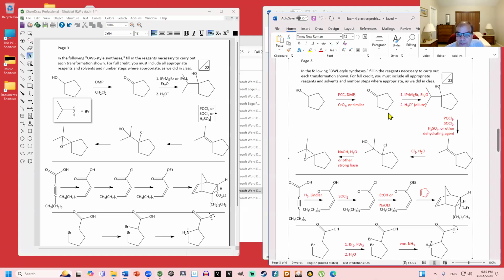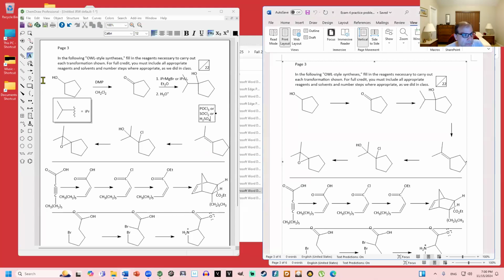Nope. And of course, at that point, we were still using chromium reagents like PCC and chromium 6 oxide. Those have fallen out of favor. But if you were to put something like that instead of DMP, that's fine. So that would get us the alkene.